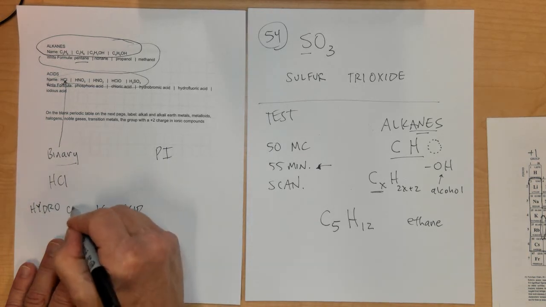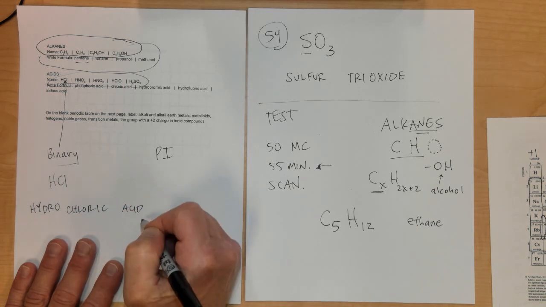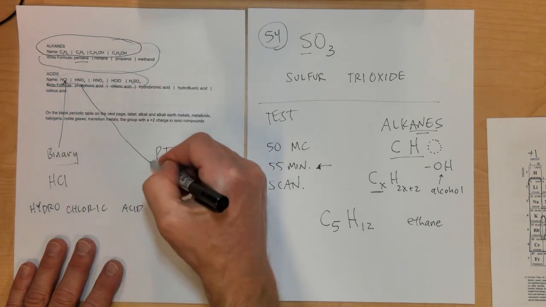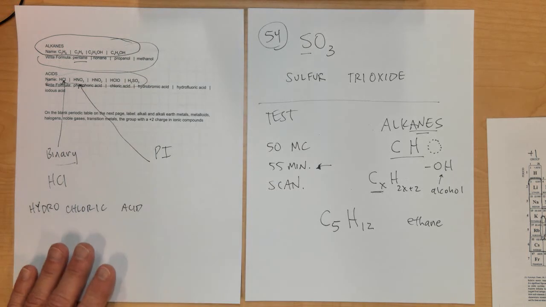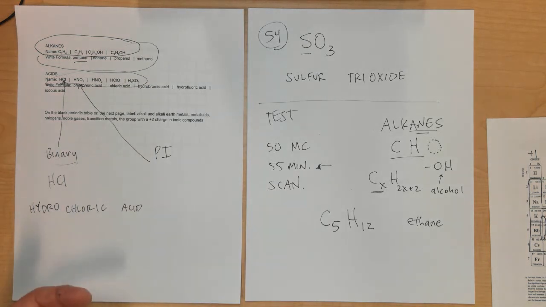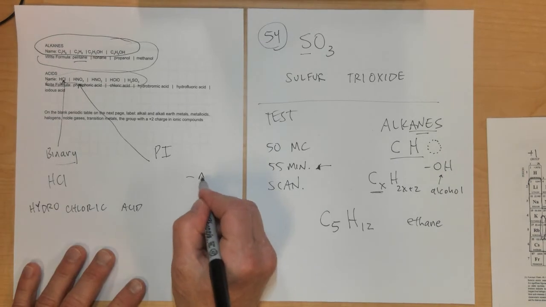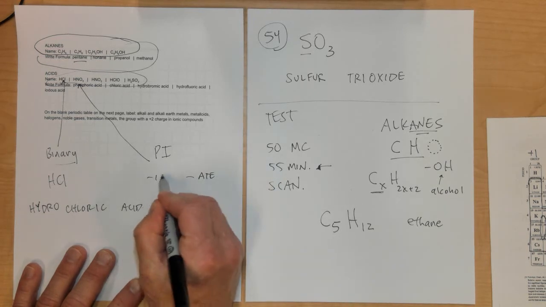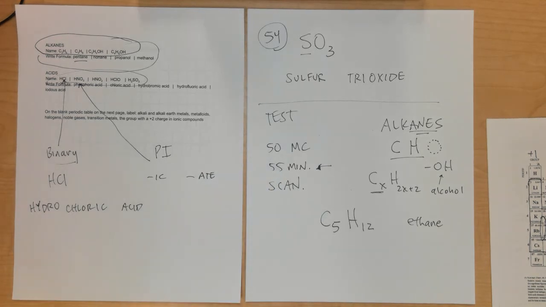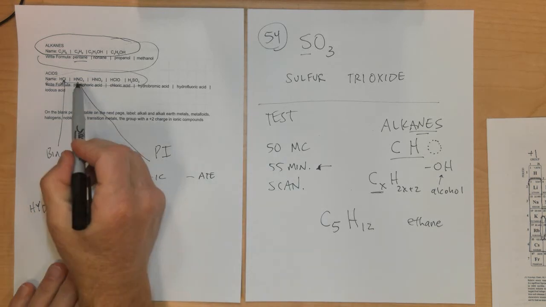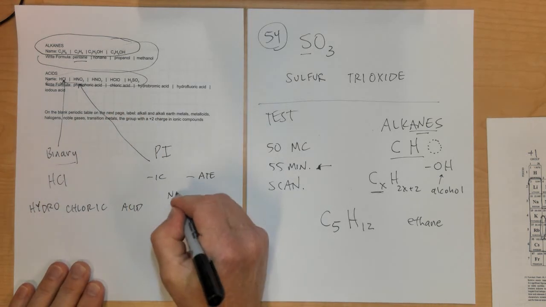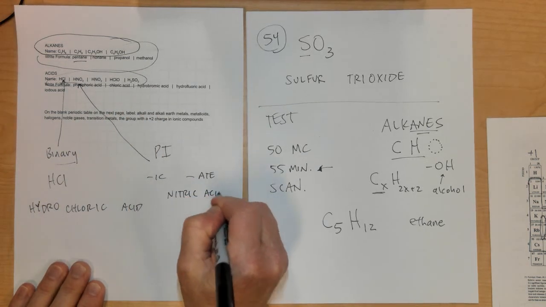So this would be called hydrochloric acid. This one right here has a polyatomic ion in it, so you name it based on the name of its polyatomic ion. If its polyatomic ion ended in ate, then you change the acid naming to ic. And so this one, since it's got nitrate in it, would be called nitric acid.